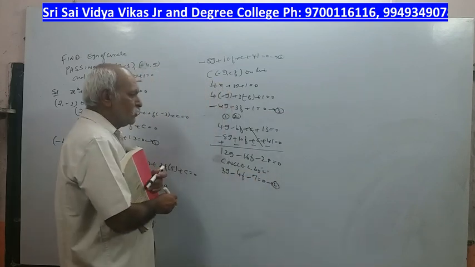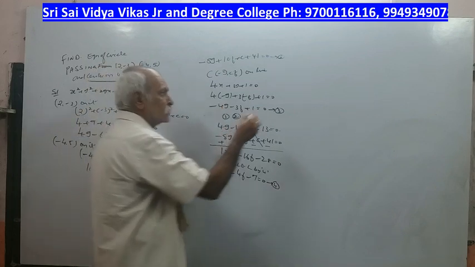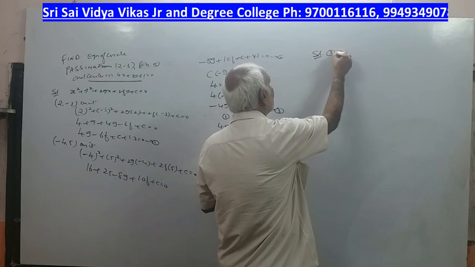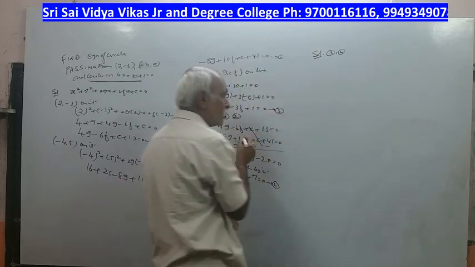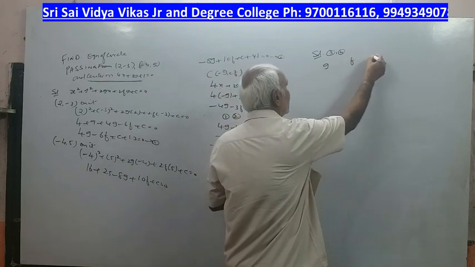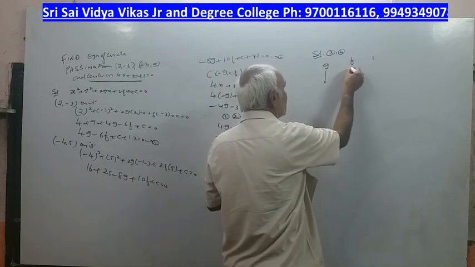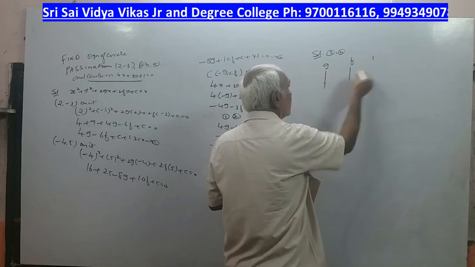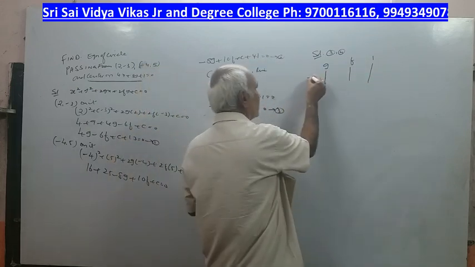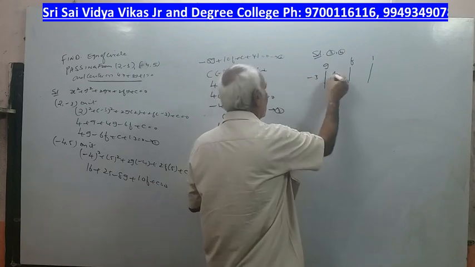Fourth equation. Now you have to solve third and fourth. Solve 3 and 4. Again, cross multiplication method. What is that I told you? g, f, 1. Put a line here, put a line here, put a line here. So first you have to write f coefficient. What is f coefficient? Minus 3. Constant is 1.